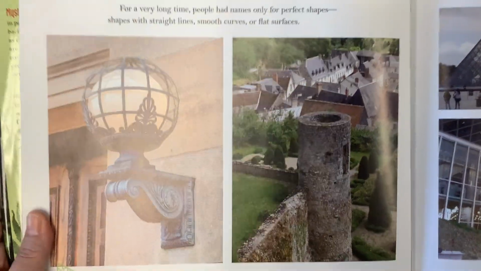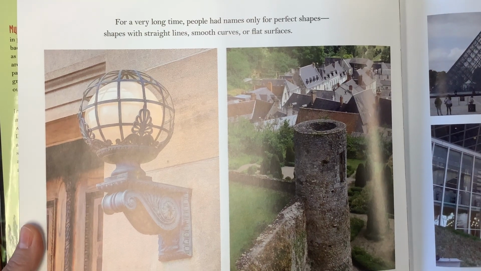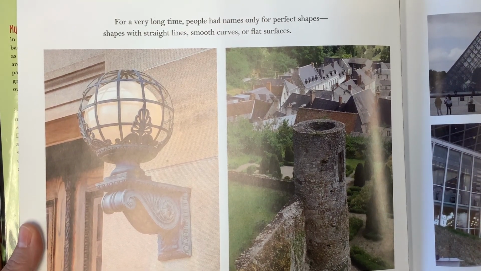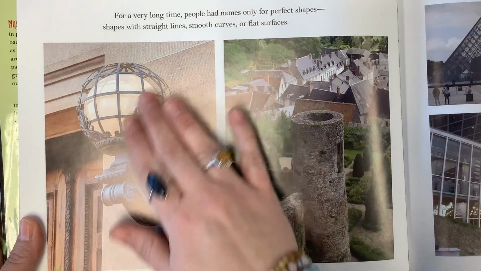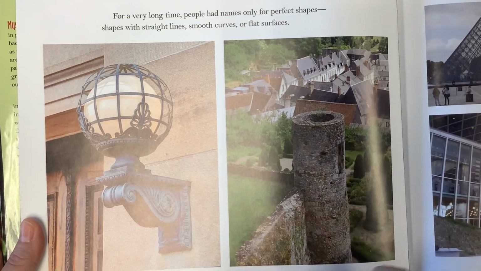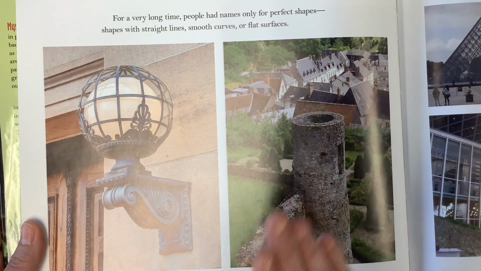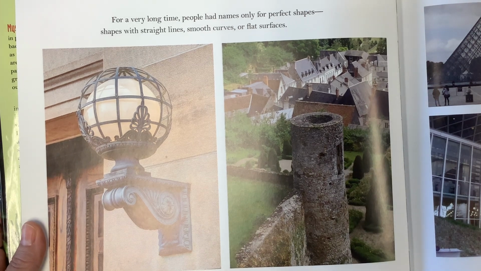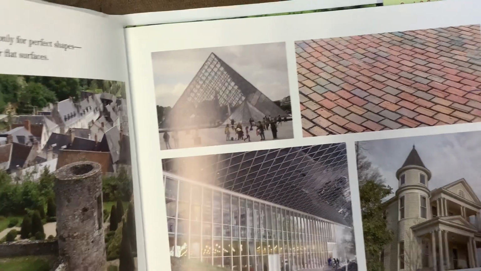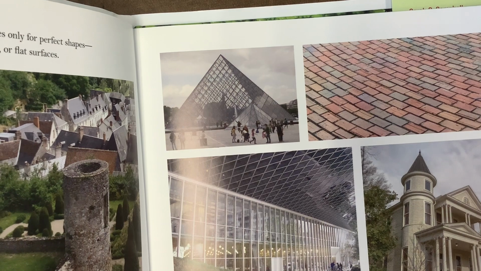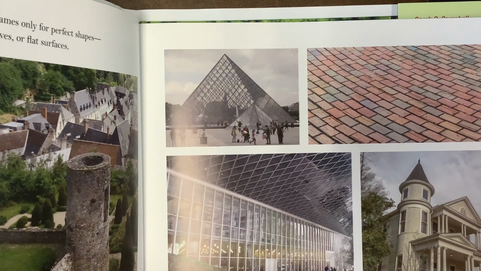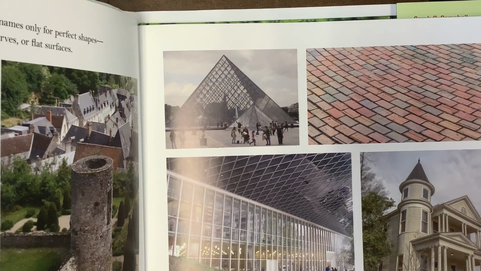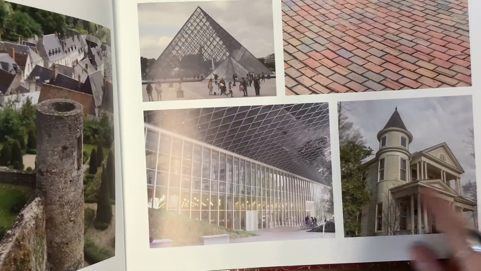For a very long time, people had names for only perfect shapes, shapes with straight lines, smooth curves, or flat surfaces, right? So we have a sphere, we have a cylinder, we have flat walls or rectangles. This is outside the Louvre in Paris, and so that's actually a square-based pyramid.